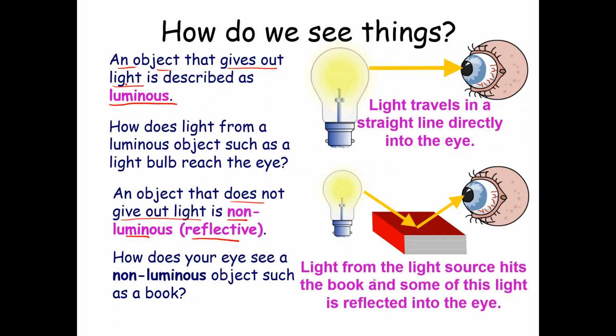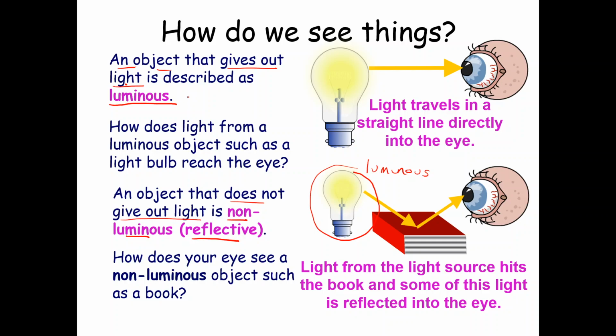So light from the light source. Okay, so we have to have something like a light bulb that is luminous because it's giving out light. We have to have a luminous object giving out light, and that light will bounce off the object, reflect off the object, and the reflected light then bounces into the person's eye. So two different things here.